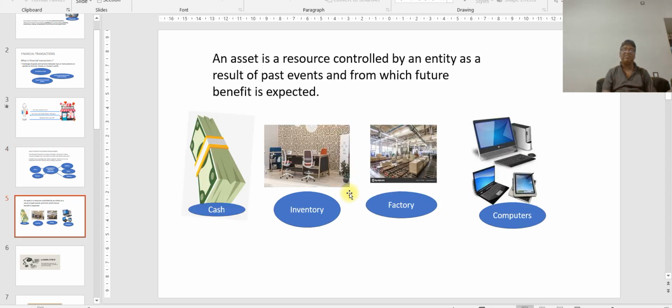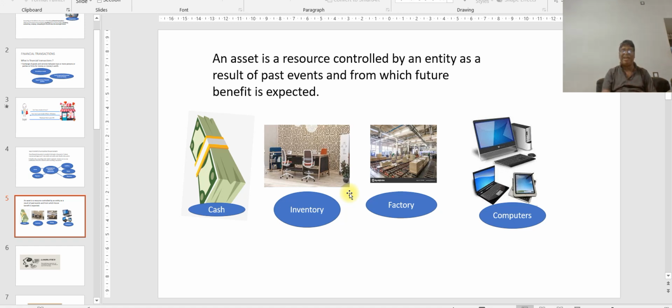One is asset. An asset is a resource controlled by an entity, either he is the owner of that asset or he possesses it by means of lease, as a result of past events, and from which future benefit is expected.